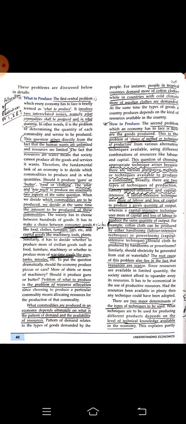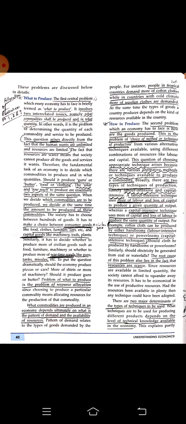Next, how to produce. The second problem of an economy, often faced, is how to produce, what shall be the procedure, or this is the problem of choice of method or technique of producing. Basically we can say there are two different techniques of producing.